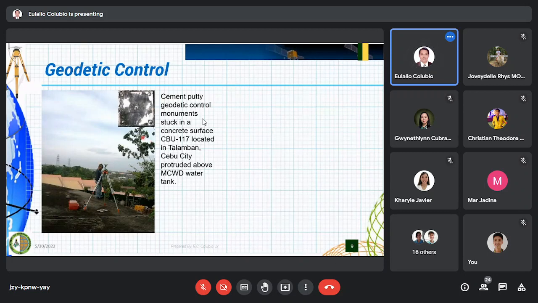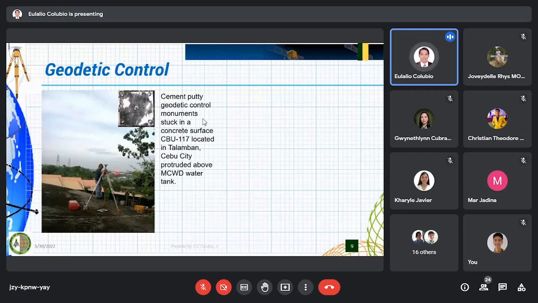This is still cement, but I think it is not purely so, because they have a modified marble stone cut into 30 by 30 centimeters, embedded above the top of a water tank. This is in Talamban, Cebu City.